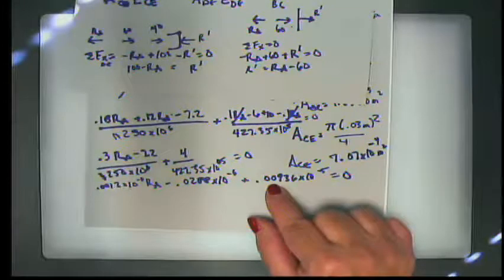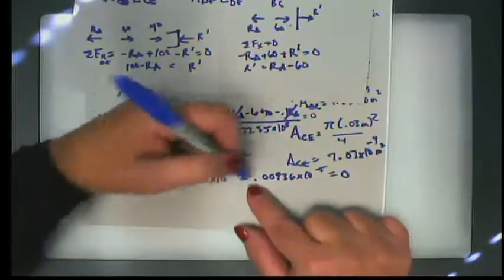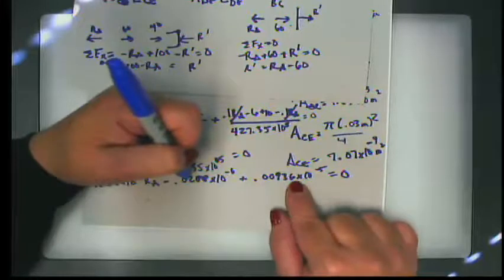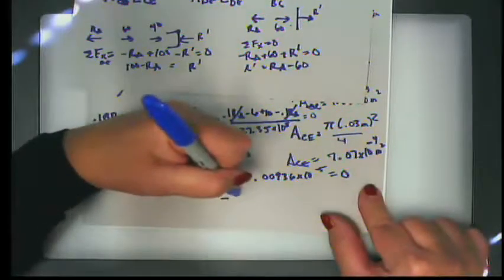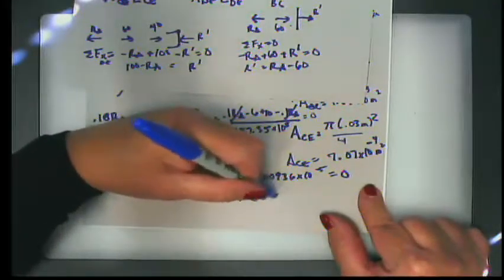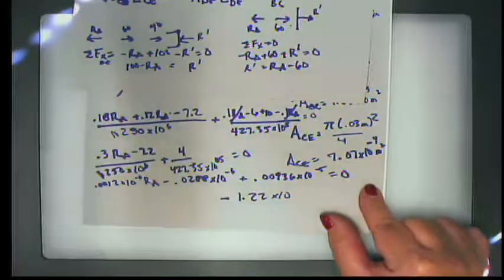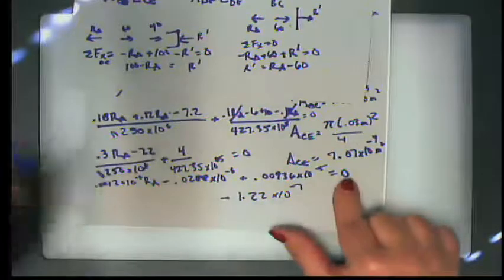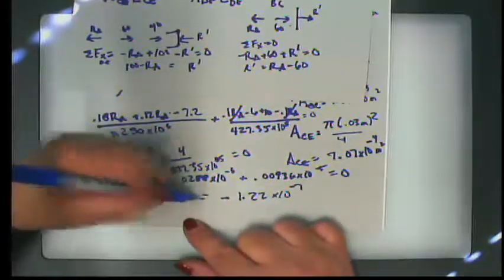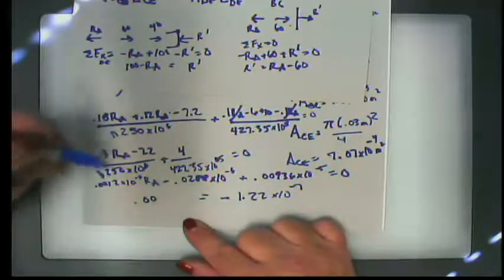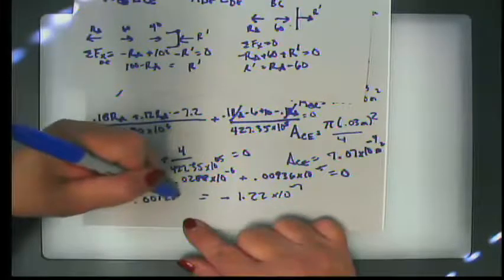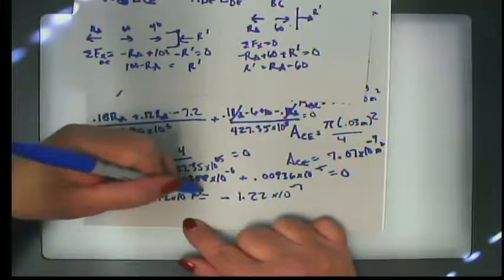This one's bigger, so that's a negative 1.22 times 10 to the negative 7th. When I bring it over here, equals 0.0012 times 10 to the minus 6 r sub a.